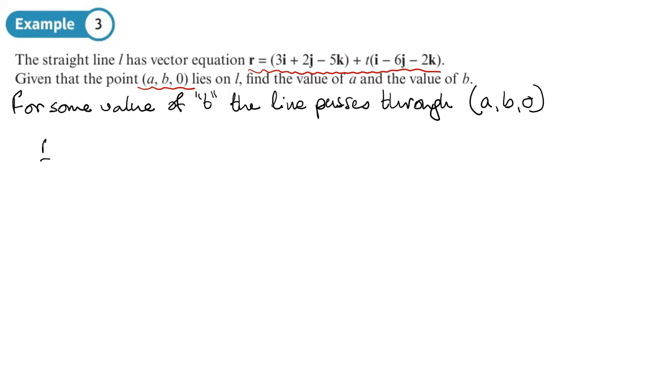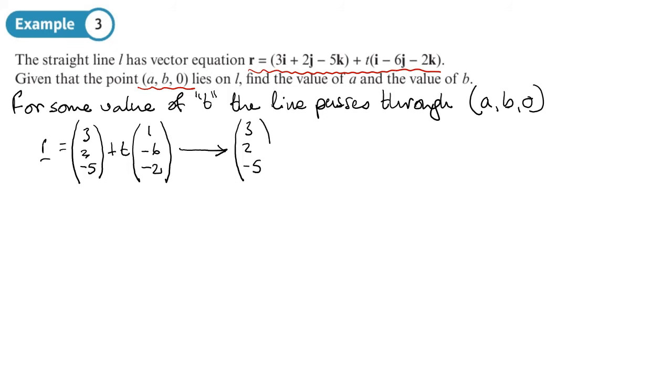So r equals, let's write the equation of the line like this. So 3, to negative 5, and then plus t times 1, negative 6, negative 2. So what does that mean? For some value of t, so 3 to negative 5, plus this, the line will pass through a, b, 0.